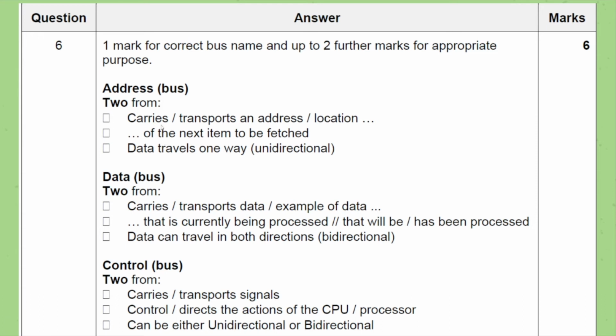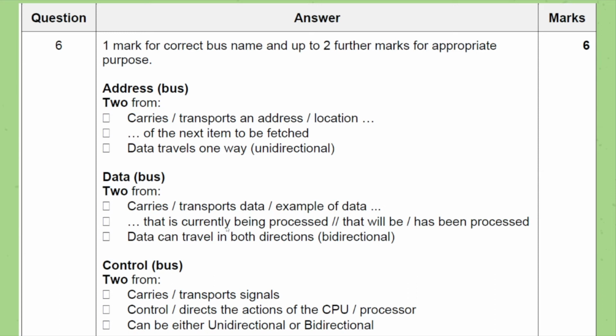Then for the description, if you have written address bus, you can write carries address or location. And you also know that address bus is unidirectional and control bus is also unidirectional, and only data bus is bidirectional. If you have written data bus, you can write it carries data or you can write an example of data.